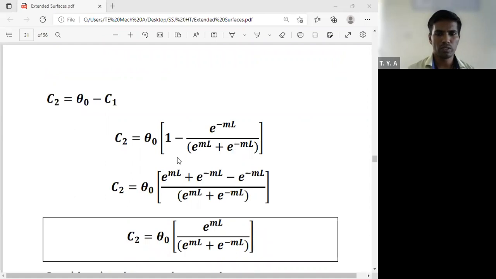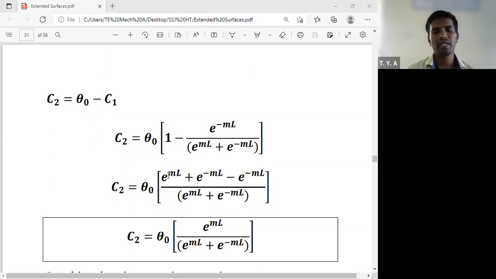Okay, so do the simplification on this bracket. By simplification we get the equation as C2 is equal to theta 0 into bracket e raised to ml divided by e raised to ml plus e raised to minus ml. Look here, e raised to minus ml minus e raised to minus ml, so this term will be cancelled.